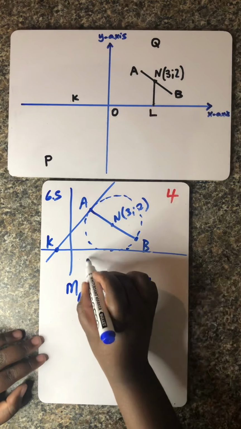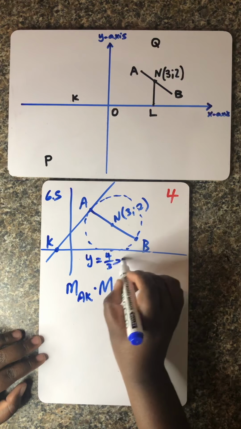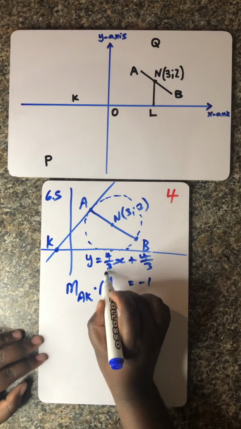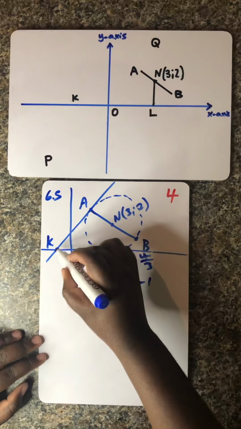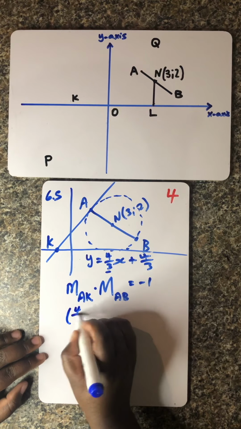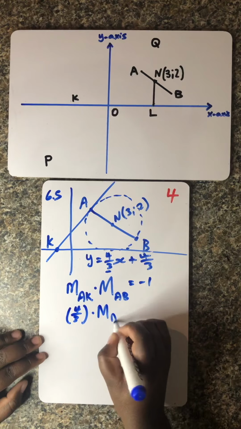Remember guys, from that equation, I think it's 4 over 3x plus 4 over 3. So this is the gradient of AK. That's why I can substitute there to say 4 over 3 multiplied by the gradient of AB.